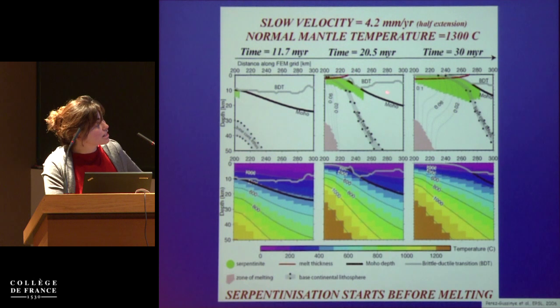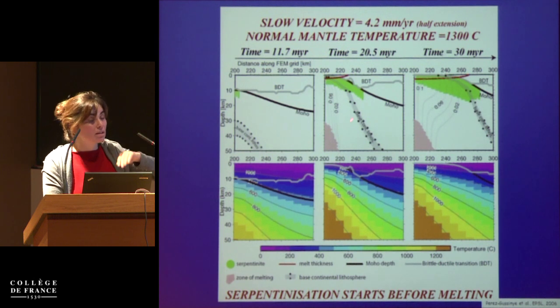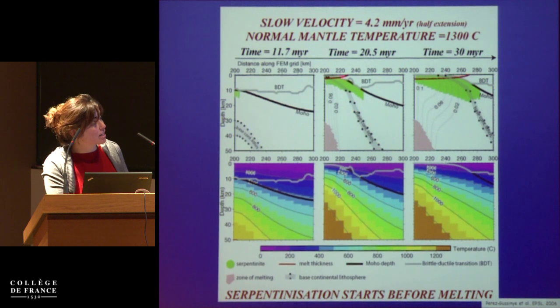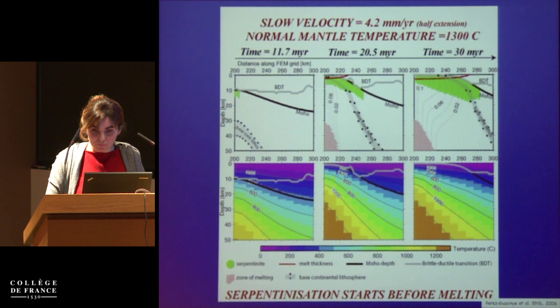So you have this layer of serpentinized mantle at the surface and melting occurring at the bottom. Because this layer may be anisotropic in the direction of extension, it may prevent the melts from going up, and so we apparently have a wide continent-ocean transition with serpentinites on top and the melt ponding below.